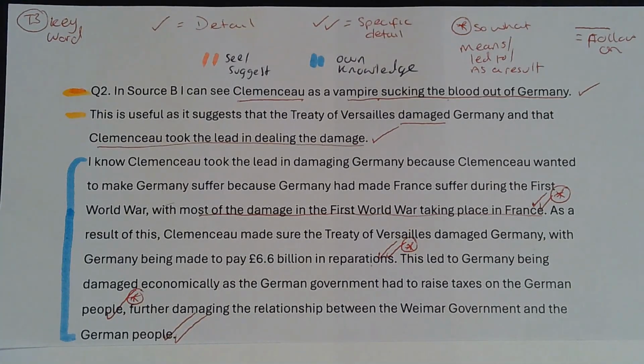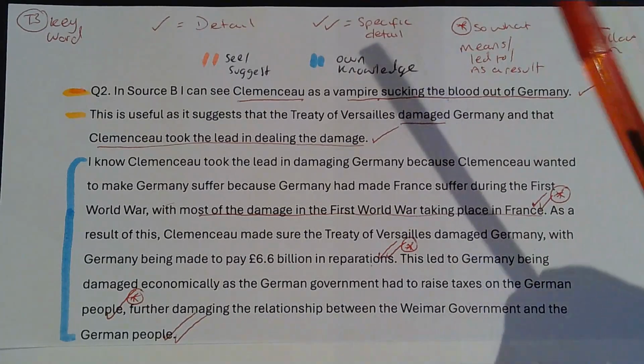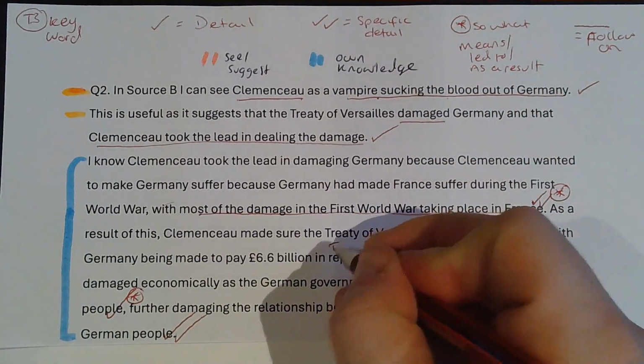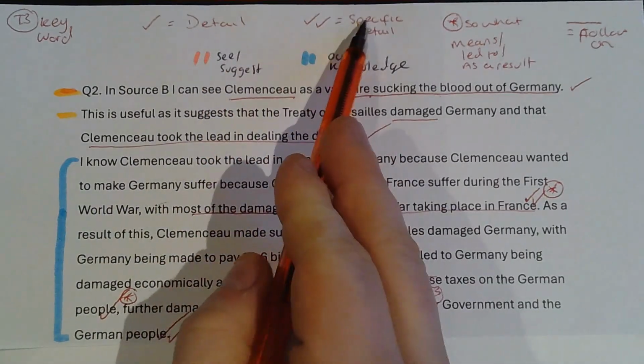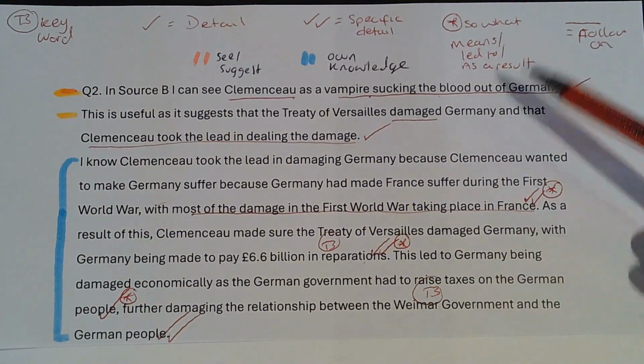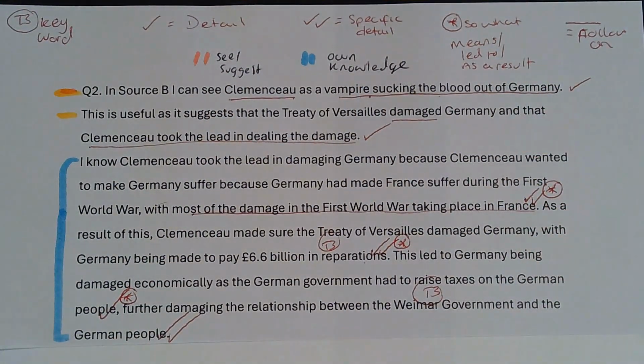So you need to do another paragraph on the other source to get 9 out of 12. Now, what's important here is that it follows the key words. So you can see reparations here, you can see Weimar government here, specific details, so what, and each sentence follows on from one another.